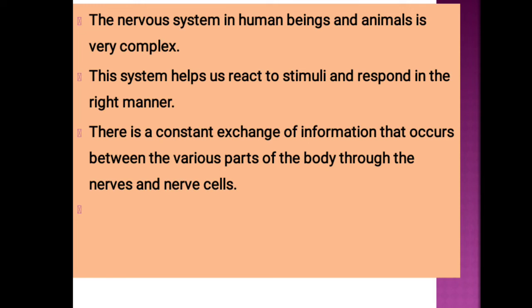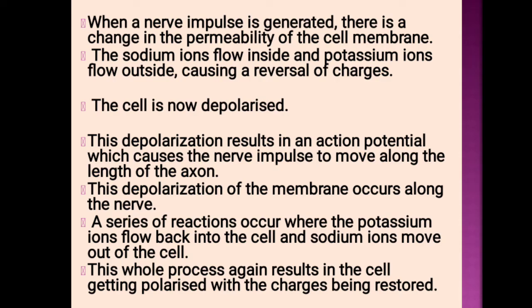So there is exchange of information that occurs between the various parts of the body through the nerves and the nerve cell. A nerve impulse is generated, and there is a change in permeability of the cell membrane. That means it may be polarized, depolarized, and going to hyperpolarization, and sodium ions flow inside and potassium ions flow outside.